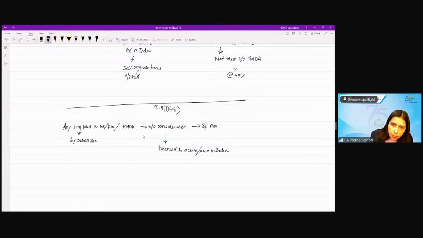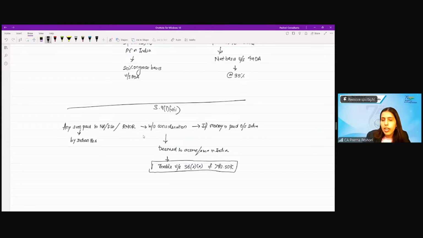If money is paid outside India, this is taxable under section 56(2)(x) if greater than rupees 50,000. So this completes your section 9 entire.